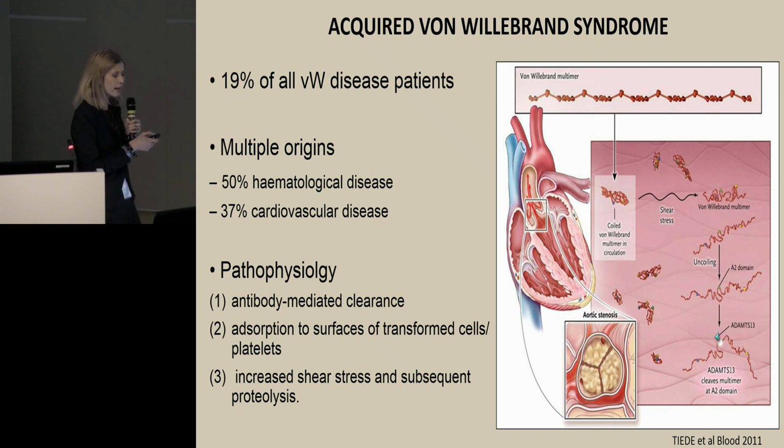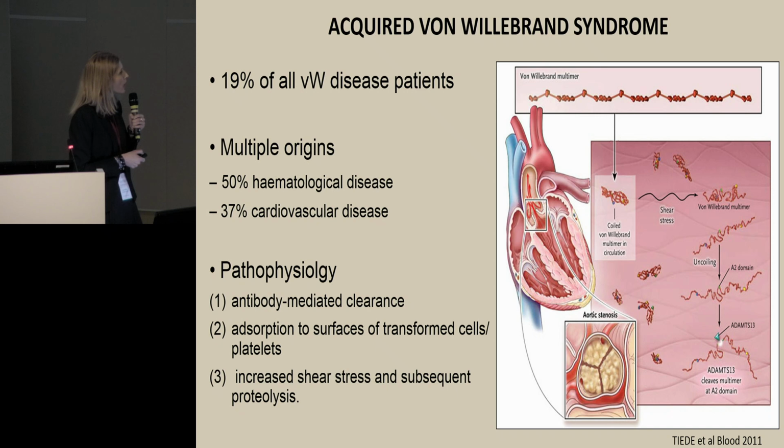And we can see it either in patients with hematological disease, because in these patients we have antibodies formed against von Willebrand factor, which will destroy it, or we have the absorption of von Willebrand factor on the surface of malignant circulating cells. Or we get to see it in cardiosurgery patients.